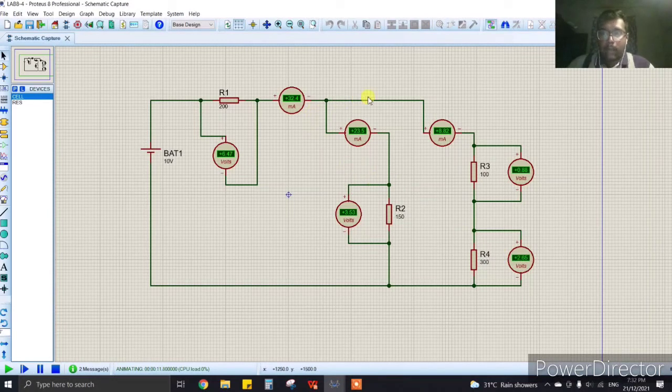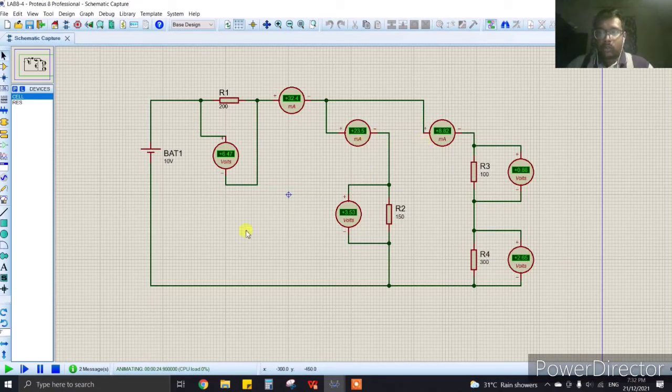For the ammeter, the I total, we obtained 32.4 milliampere. For I1 we have obtained 23.5 milliampere, and for I2 we have obtained 8.82 milliampere. These three current values are in milliampere, as you can see in this ammeter.